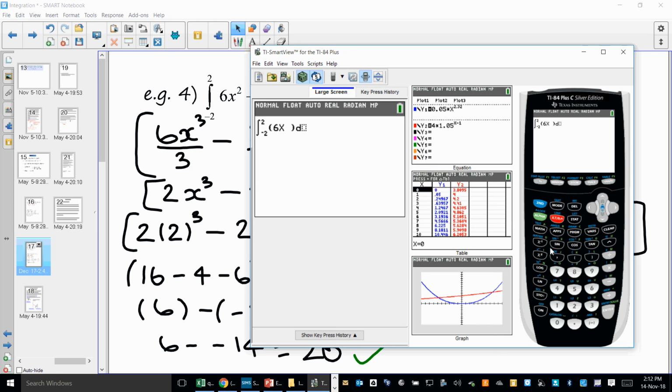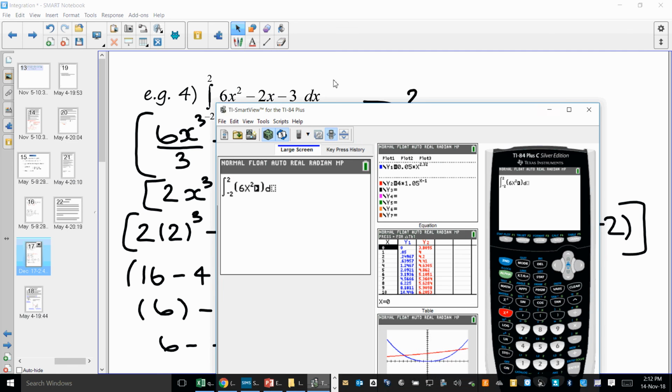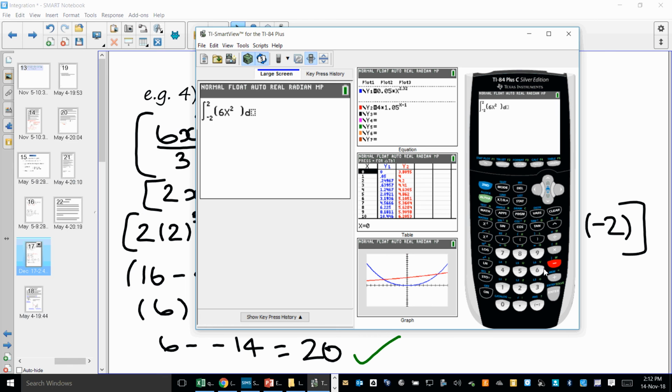And Olivia tells us it's right. Then make sure you put the letter x in there and then press enter. And funnily enough, we got 20, which is what we got.